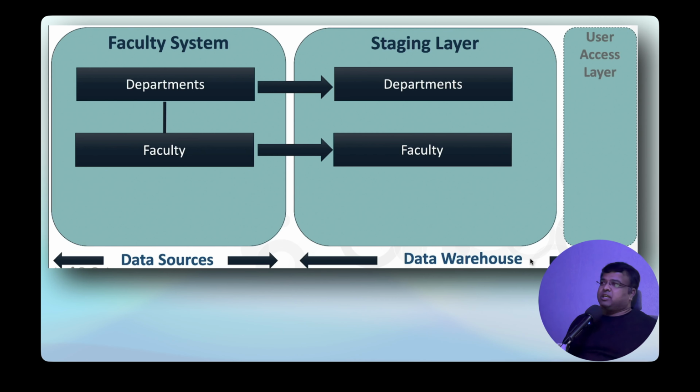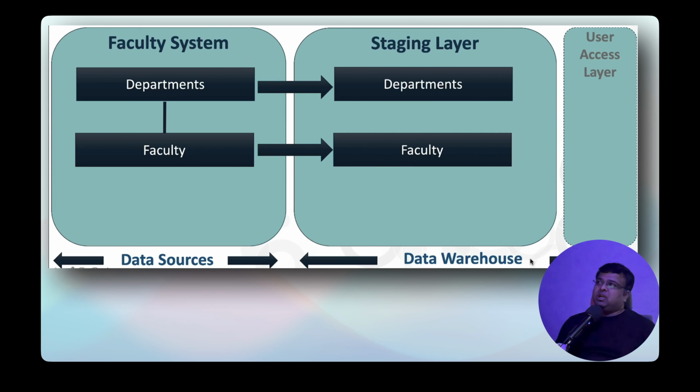Imagine that you're working with a university system, and this is a very common example. To keep things simple, let us say that we only care about two subject areas, that is departments and faculty members, and for simplicity assume each subject is stored in just one table, even though in a real world system there would usually be multiple related tables.